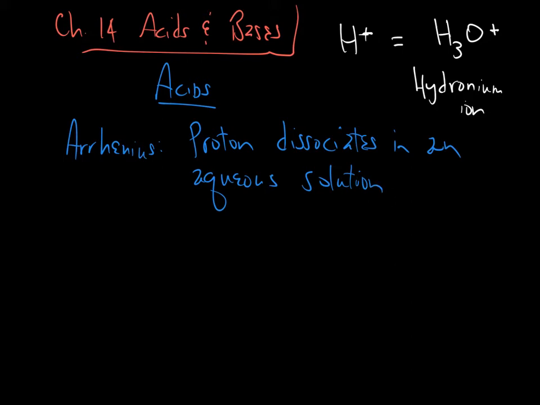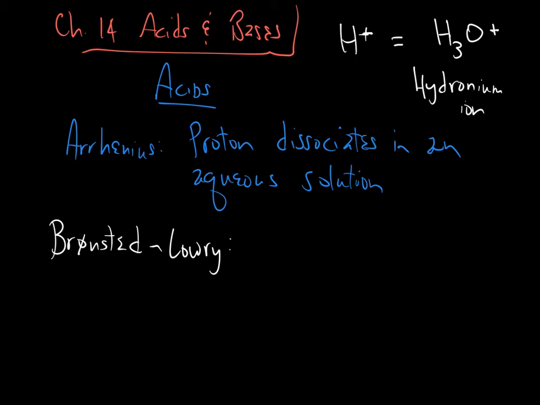Another one which you may have heard, depending on how much chemistry you've had, is called the Bronsted-Lowry. The name once again isn't so important as the idea. Bronsted was Swedish or something like that, and that's why it's spelled that way.